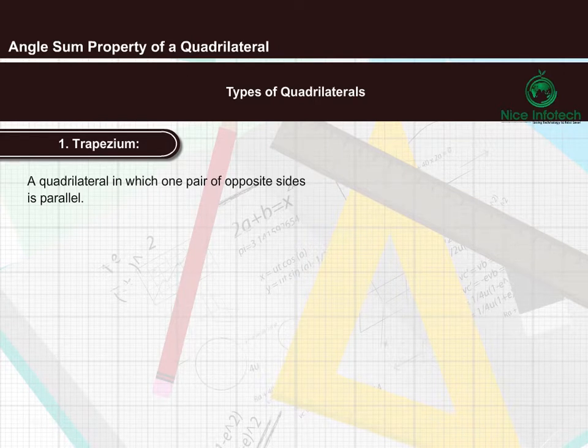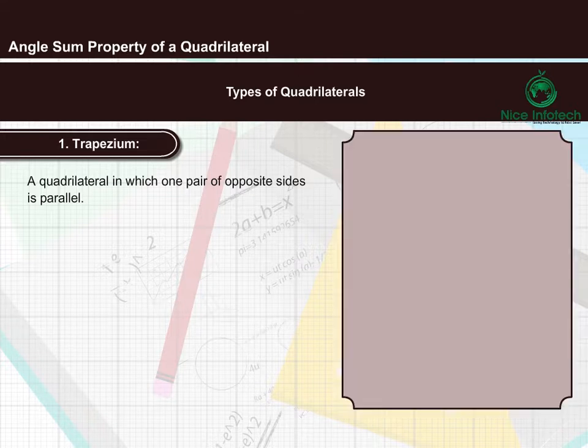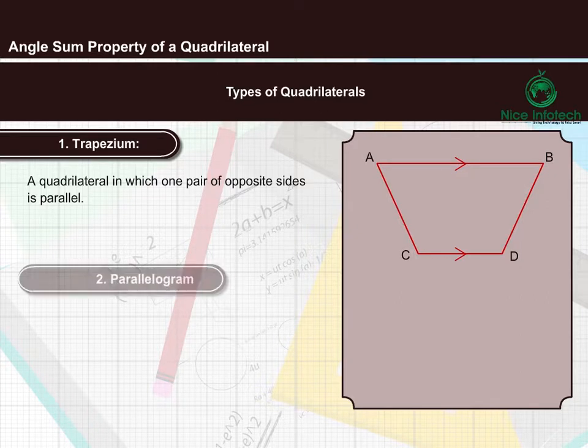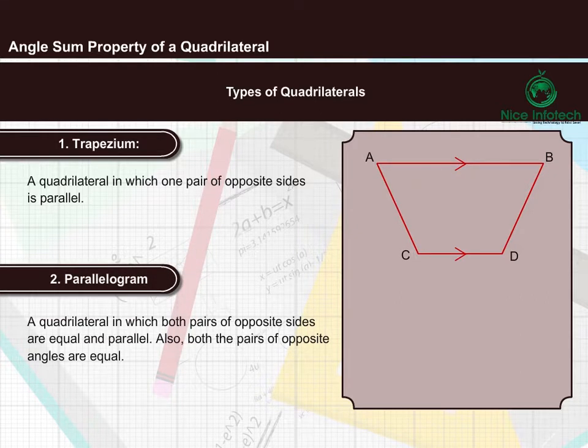First is trapezium. Trapezium is a quadrilateral in which one pair of opposite sides is parallel. See figure, ABCD is a trapezium. AB and CD are the parallel sides. Second is a parallelogram. It is a quadrilateral in which both pairs of opposite sides are equal and parallel. Also, both the pairs of opposite angles are equal.